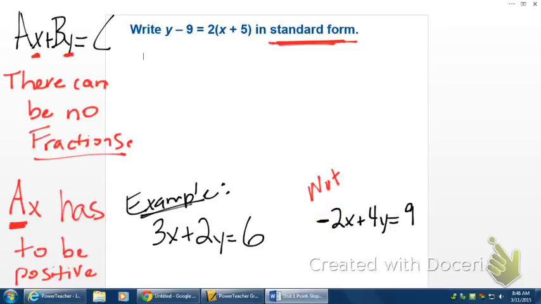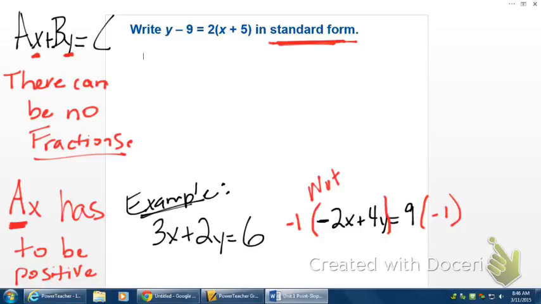So to get this one in standard form, because that's a negative, that cannot happen. It's pretty simple. The only thing that you need to do is multiply both sides by -1. So multiply that whole side by -1 and multiply that 9 times -1. What you do to one side, you do to the other.